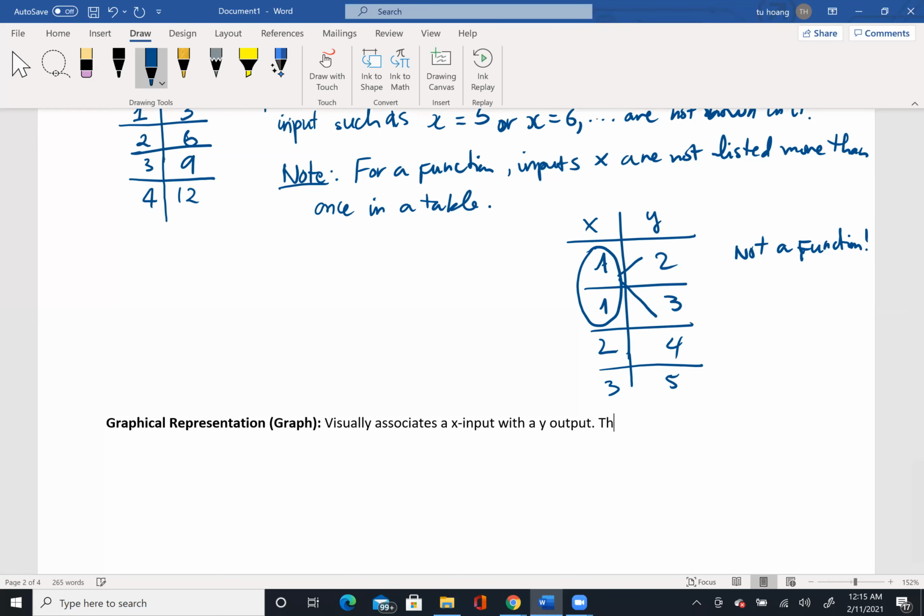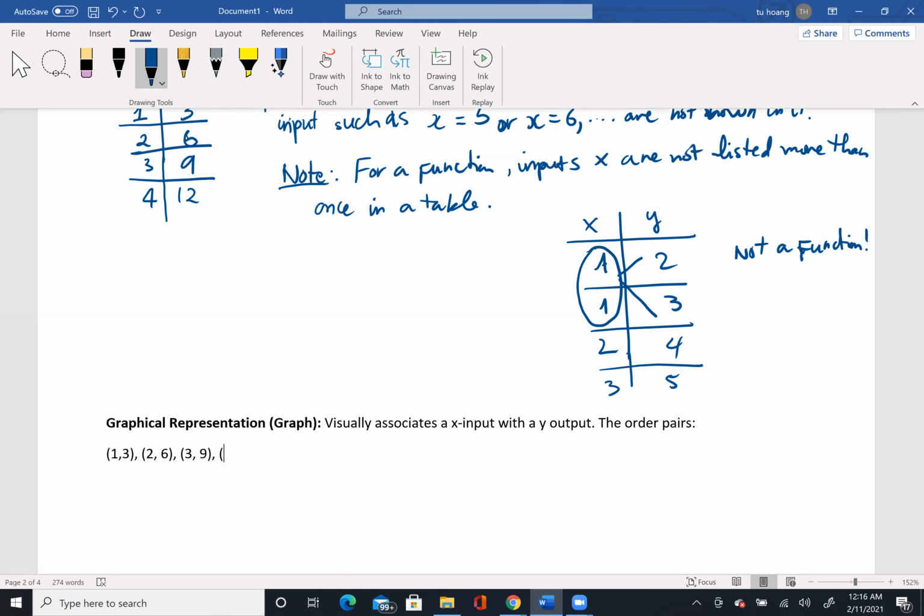So we have the ordered pairs, such as 1, 3, and then what else? I have 2 and 6, and then what else? 3 and 9, and then what else?